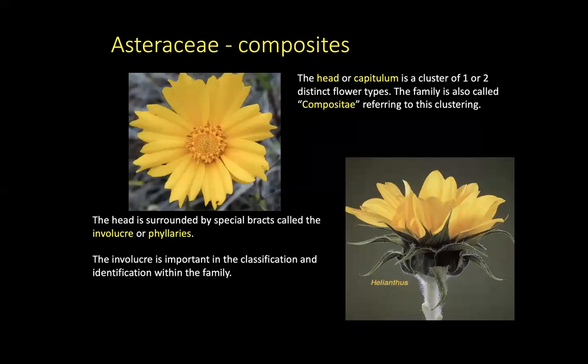Surrounding the base of the whole capitulum are modified leaves or bracts that are called the phyllaries or the involucre. Okay, and the features about those are often very, very distinctive for keying it out. They are not sepals. There are sepals of each individual floret.